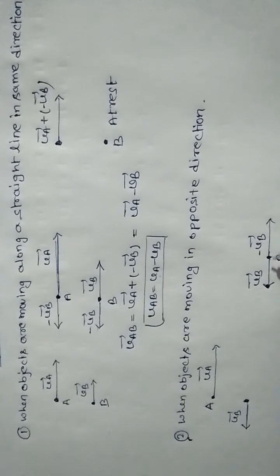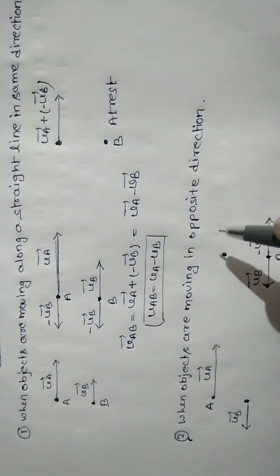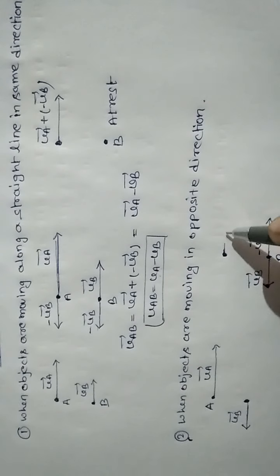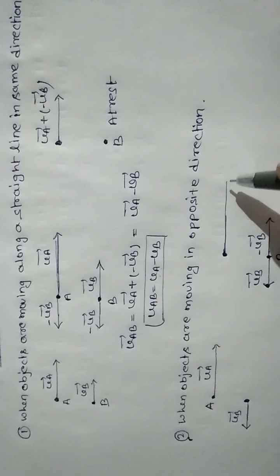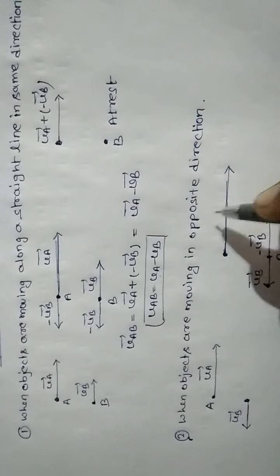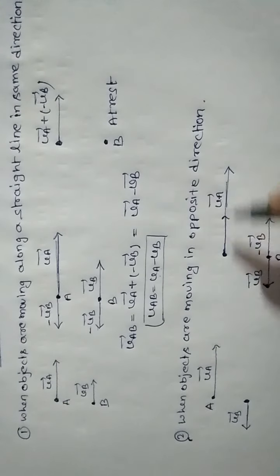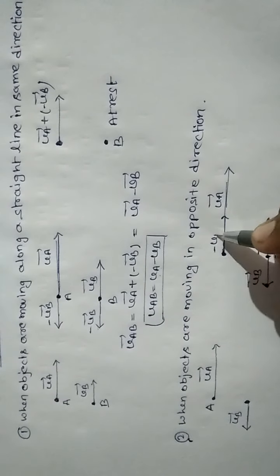As we have superimposed this velocity minus VB on B, so we have to superimpose it on A also. Here we will get VA, and it has been superimposed on this.